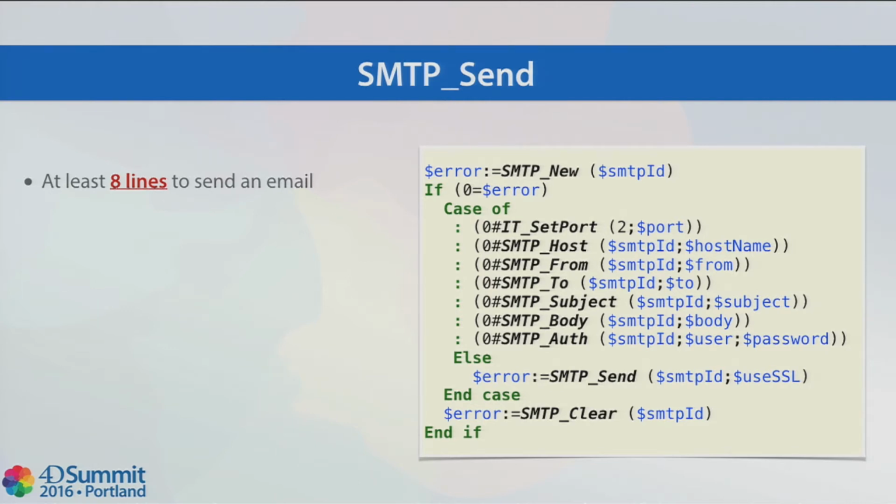Now, in a real-world application, you'll probably have some extra code to handle exceptions, errors, or logging. But basically, in the simplest form even, you have to use at least 8 lines just to send an email using the SMTP suite of commands.